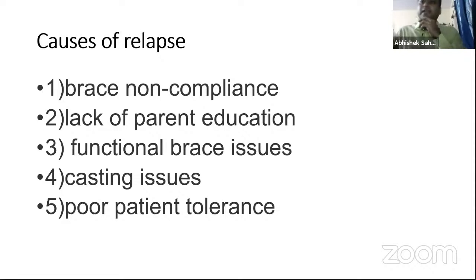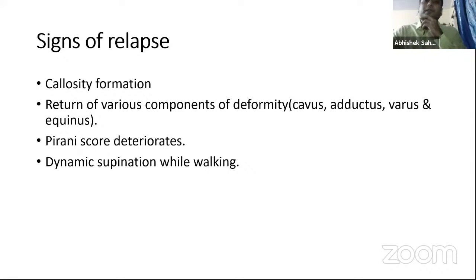And functional brace issues, which need to be addressed with the orthotist. Casting issues, which are totally in our hands, like improper technique or improper manipulation of the tarso-metatarsal joints, and poor patient tolerance. Like what we normally see, the child is not wearing the brace properly.